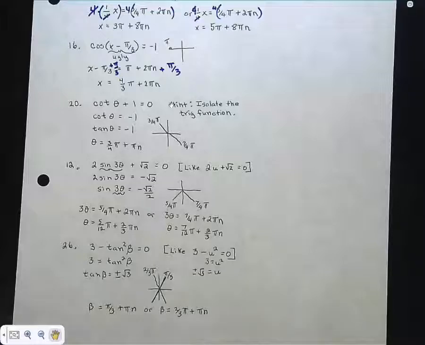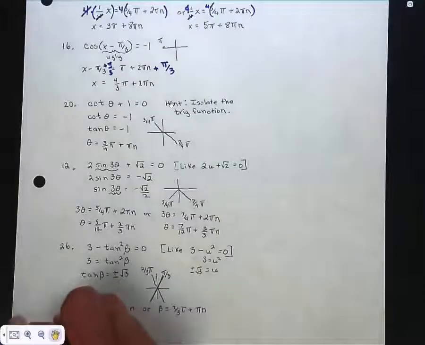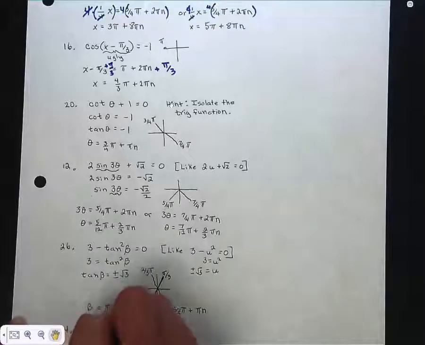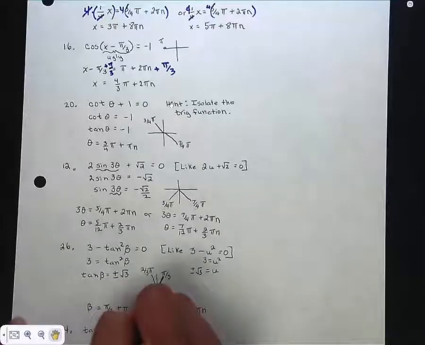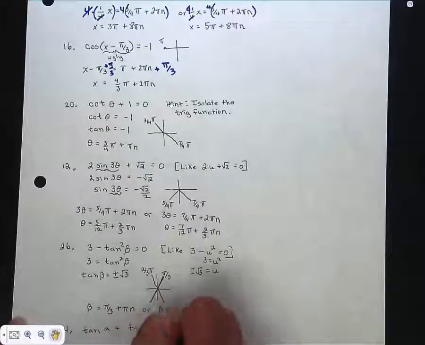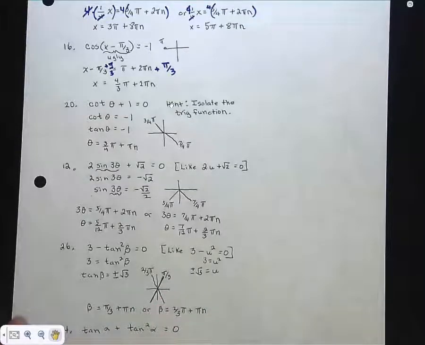All right. I'm going to give you one more hint that we need to use to solve number 34 and some other trigonometric equations. 34 is tangent alpha plus tangent squared alpha is 0.